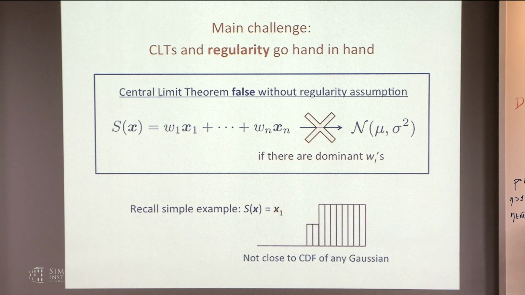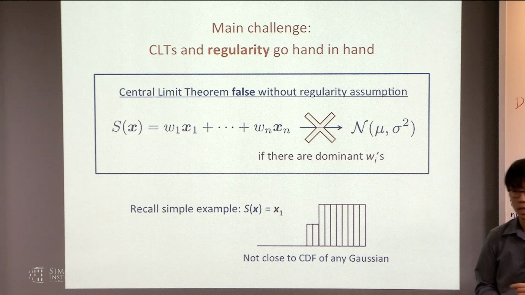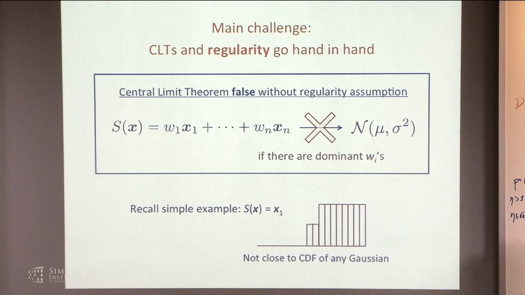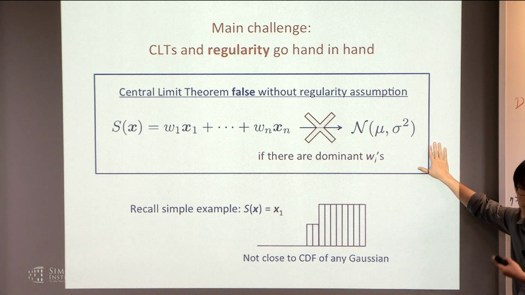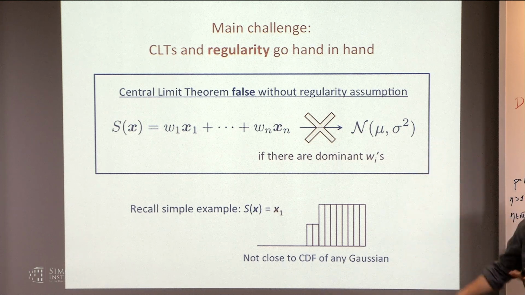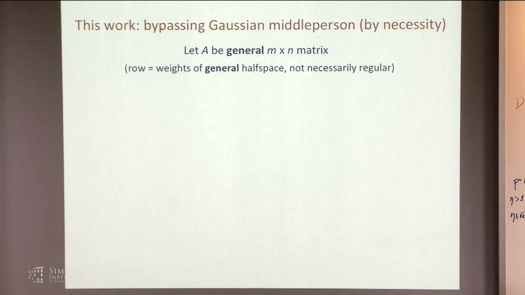And recall the simple, somewhat silly example, f(x) equals x_1. x_1 is very dominant, and the CDF does not look like that of any Gaussian. So this notion of regularity is really crucial to the central limit theorem, and hence also very crucial for the PRGs that are designed based on the central limit theorem.